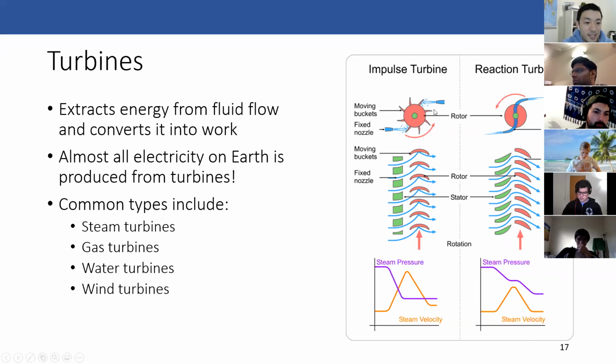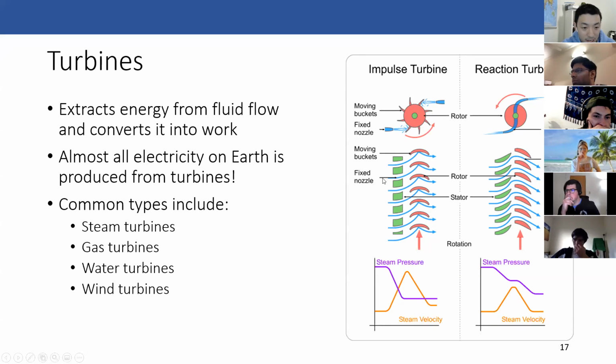In this case, the turbine looks like this if you were looking at it head on, and it would look like this from a side angle. The way this works is that the red part is the part that's moving.